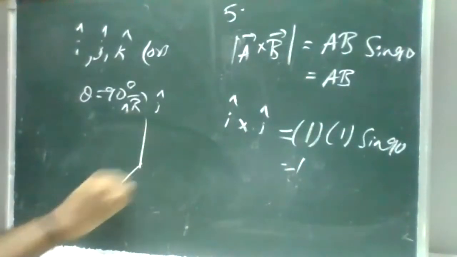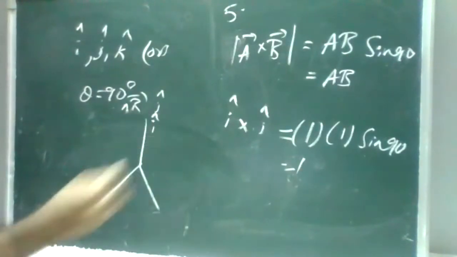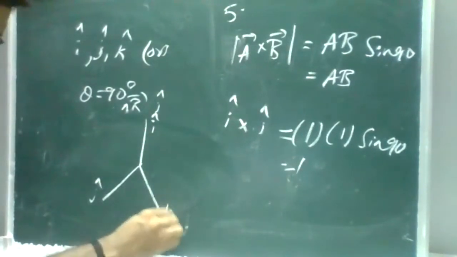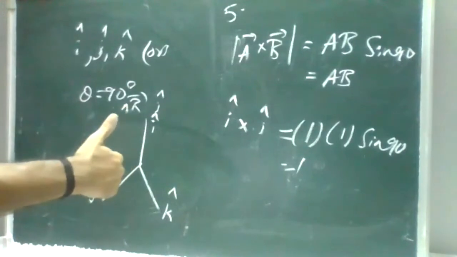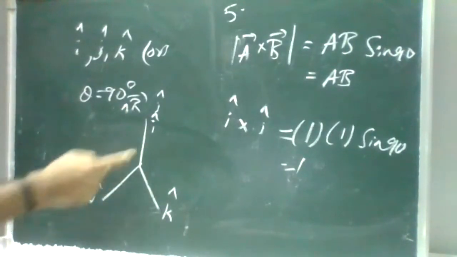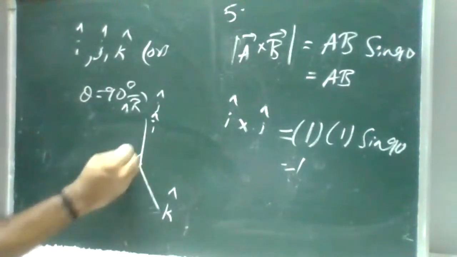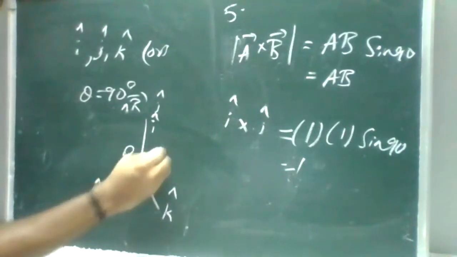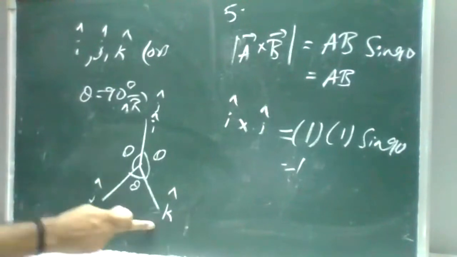So i cap, j cap, k cap. The thumb rule indicates your direction. Suppose you are multiplying these two vectors, making an angle theta. So i cross j is nothing but your k cap.